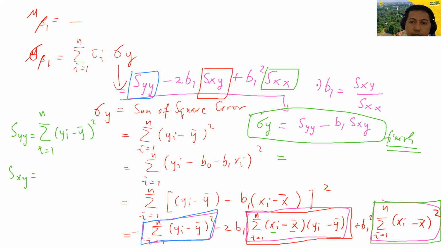Then we can get the variance of y, or an unbiased estimate of y. We can say this is the variance of error.